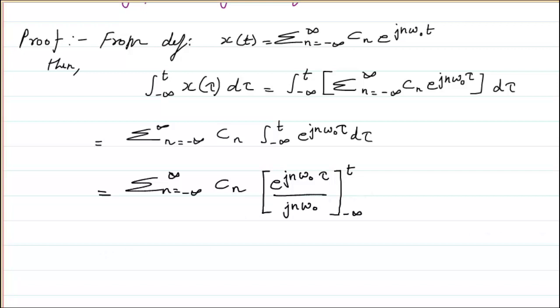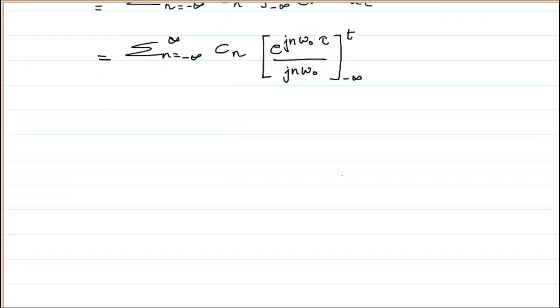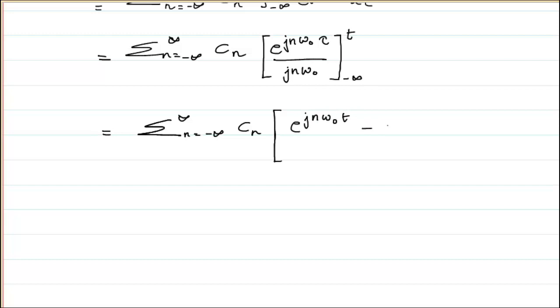So this I will basically get summation n equals minus infinity to infinity Cn, and then e raised to power jn omega naught t minus e raised to power minus infinity, divided by jn omega naught, where e raised to power minus infinity is in a way 0.